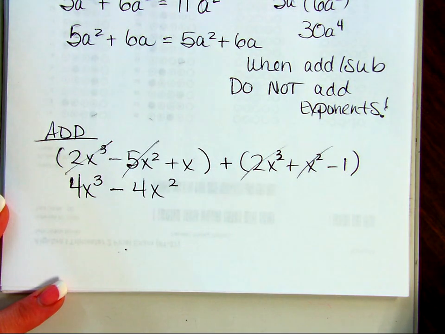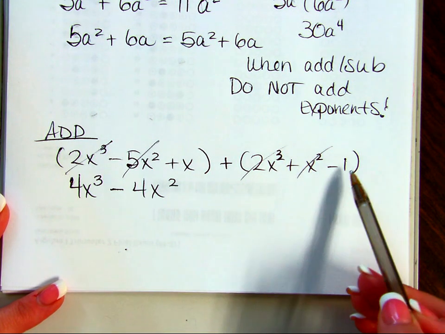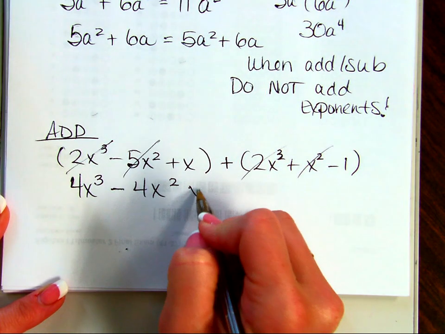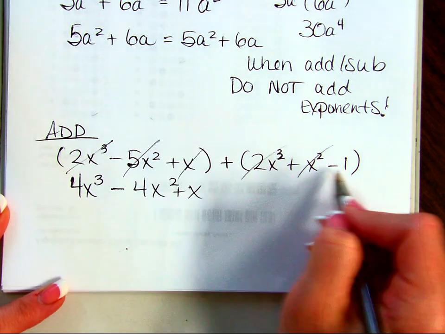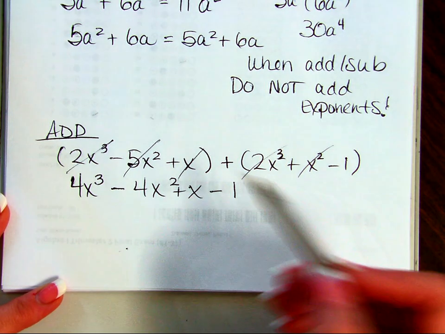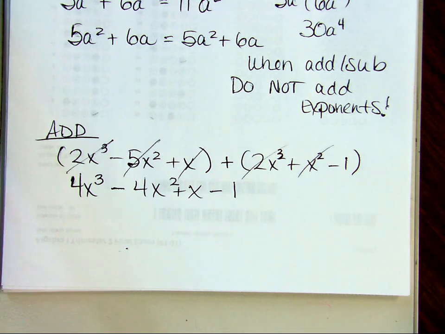Now I'm looking for my x terms. I have 1x here. No x's over here, so what would that mean for my answer? Just an x, and then the minus 1, and that is your answer. So I added 2 trinomials and got a polynomial, 4 or more terms. That's all there is to adding, okay?